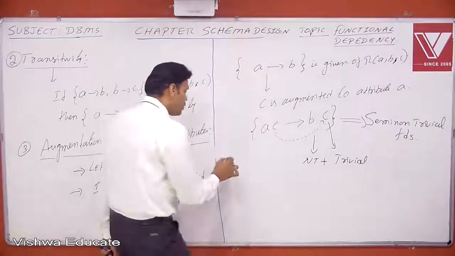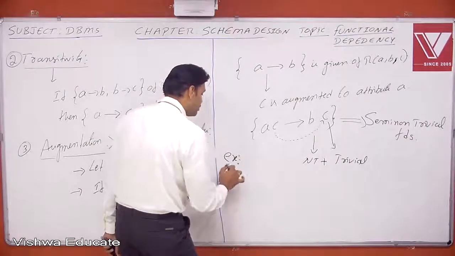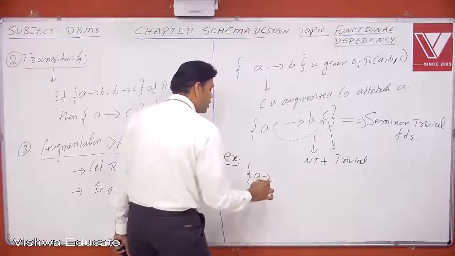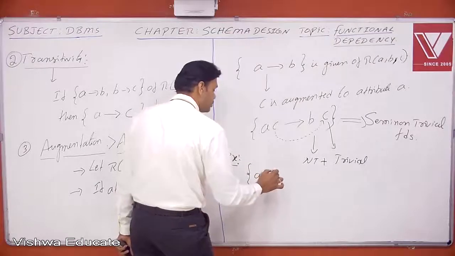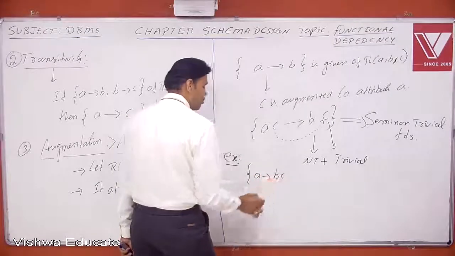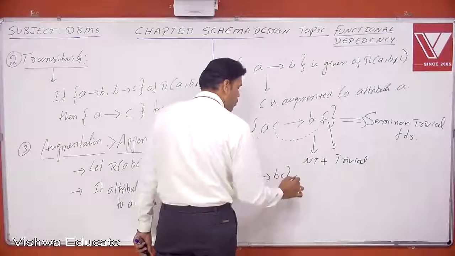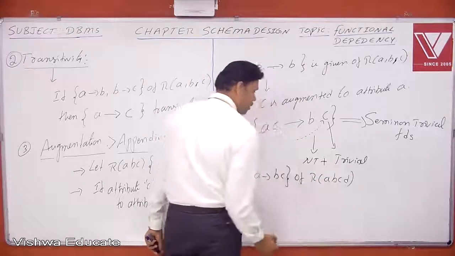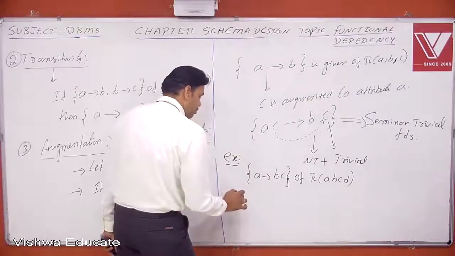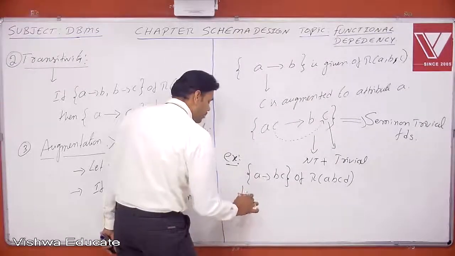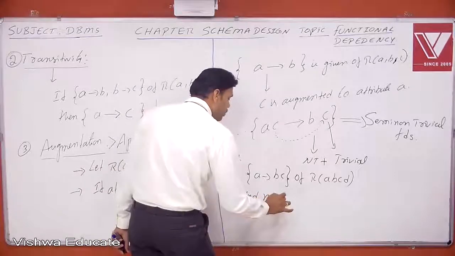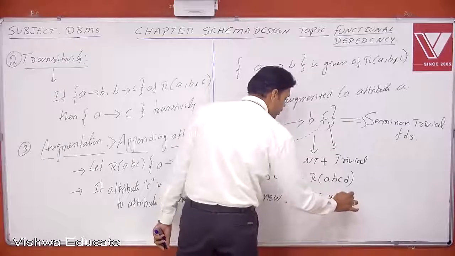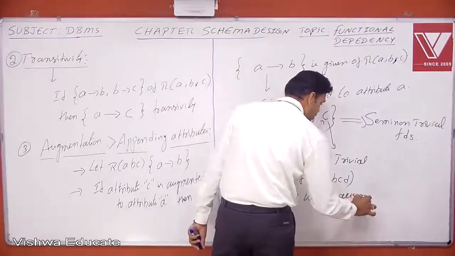Okay, so we go once again, one more example. I'm saying A tends to BC of R of ABCD. Find a new FD using augmentation.